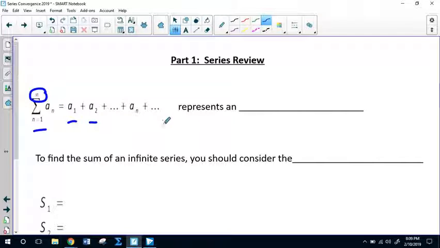When we write out all the terms, we have the first term, the second term, all the way to, sometimes we'll say, the nth term, and then dot, dot, dot. All of this is to represent an infinite series.